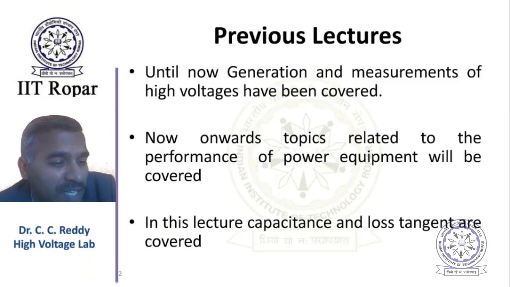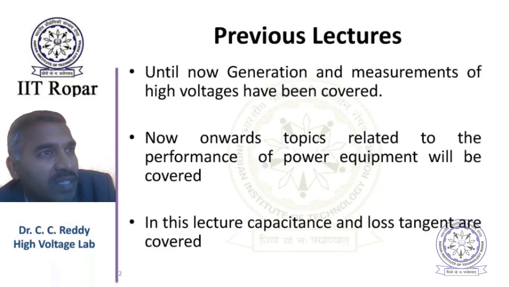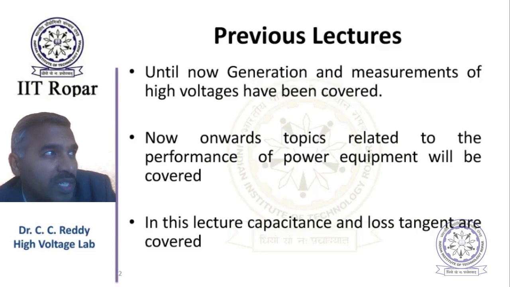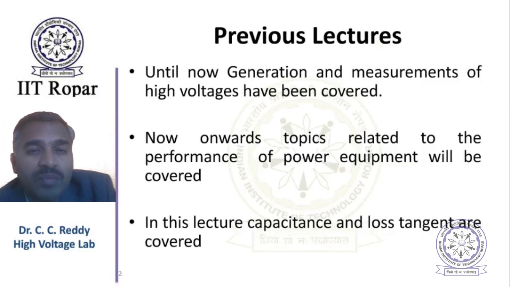So what is the condition of a power equipment? How can the condition of power equipment be assessed? Since the insulation is important, the quality of the insulation, the status of the insulation, the condition of the insulation is very important, because if it fails, the power equipment fails. So the condition of the power equipment is assessed basically by the condition of its insulation.